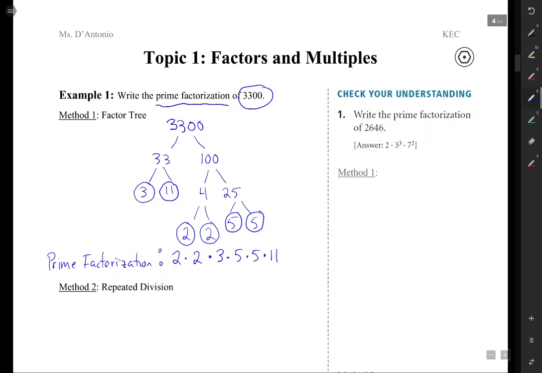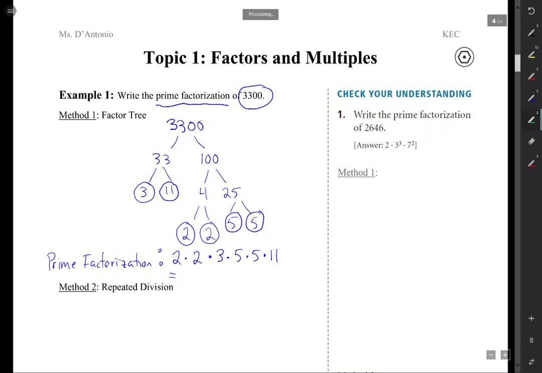Okay, so then we can simplify this prime factorization one step further by combining the numbers that are the same and using powers. So for instance, 2 times 2 is 2 to the power of 2. Then the 3 can just stay the same. The 5's we can write as 5 to the power of 2.